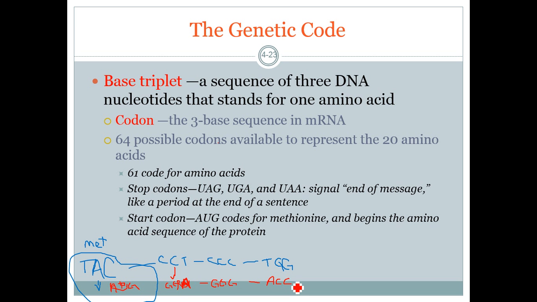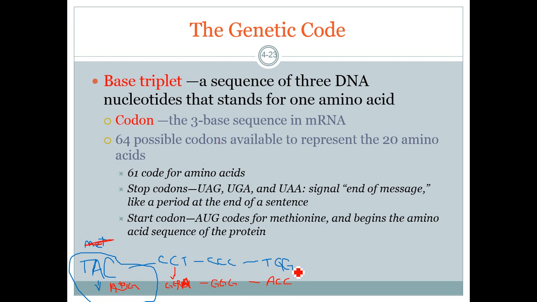And each of these have different names. Let's scratch this off here. Our AUG is our methionine. Our GGA is our glycine, which you see in your textbook in that table 4.2. Our CCC, which changed into GGG, is also our glycine.